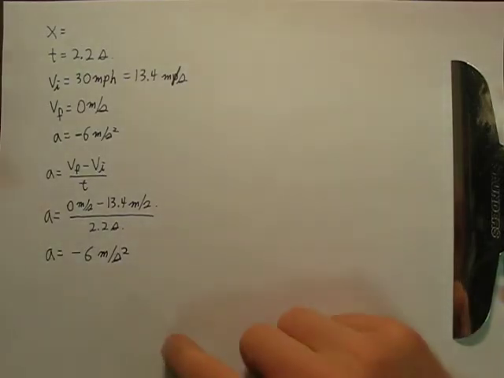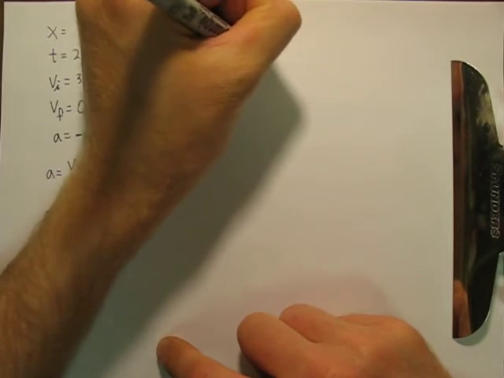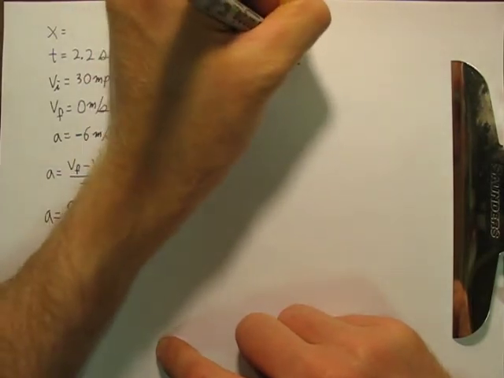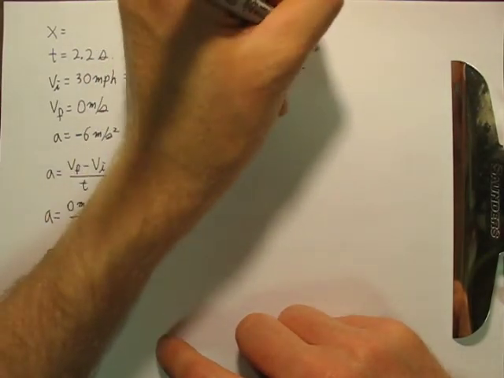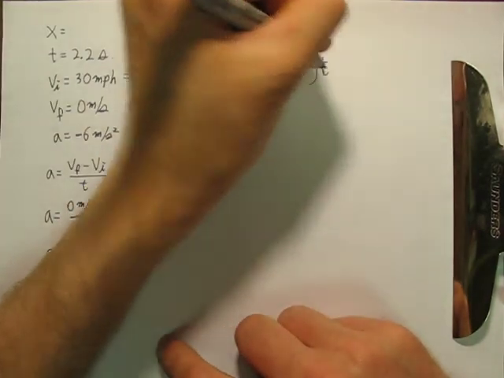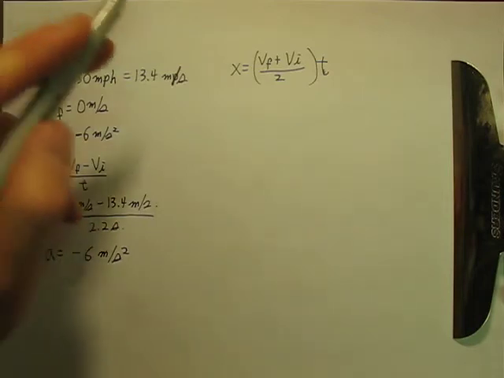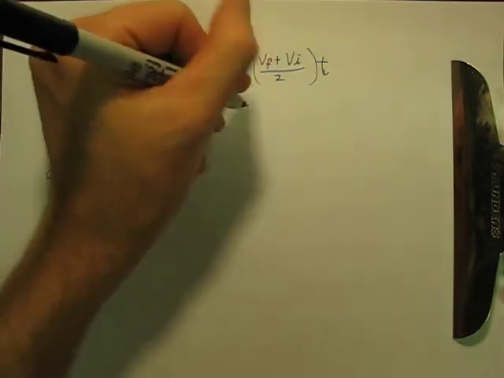Alright, if you chose x equals Vf plus Vi divided by 2 times t, you are thinking the way that I'm thinking. The reason why I chose that one is because we don't really know A. We could have made a mistake on A. So these are the three pieces of information that we have. We do not care about A. That leads us to this equation.